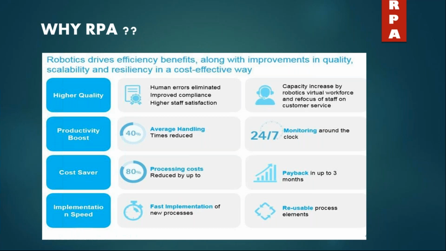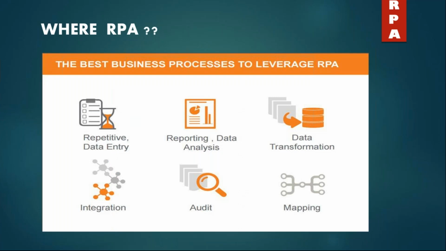These are the benefits we discussed yesterday by using the RPA tool. And where do we use RPA? We have repetitive data entry, reporting, data analysis, data transformation, integration, audit, mapping. All these kinds of operations we can do with RPA, right?